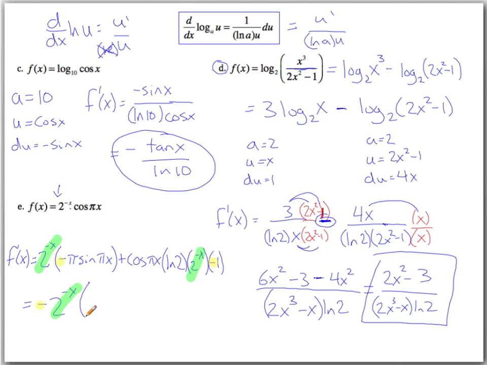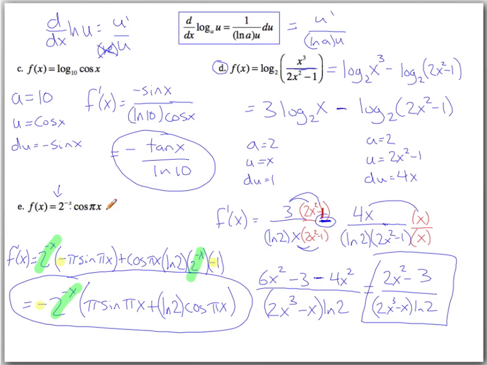And then what we're left with is going to be pi sine pi x and then plus, we'll move the natural log of 2 in front of this here. So the natural log of 2 times cosine pi x. And here's your final answer.